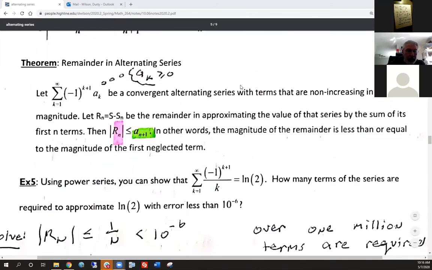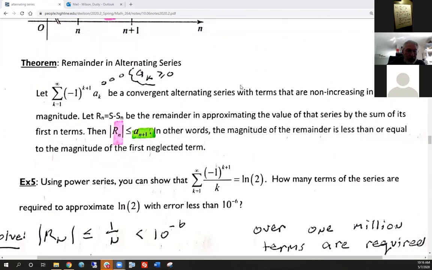So the theorem for the remainder in an alternating series. We're given this series here, the series from k equals 1 to infinity of (-1)^(k+1) times ak. Remember that those ak's are always non-negative, and so the (-1)^(k+1) is what makes it an alternating series. So let this be a convergent alternating series with terms that are non-increasing in magnitude.